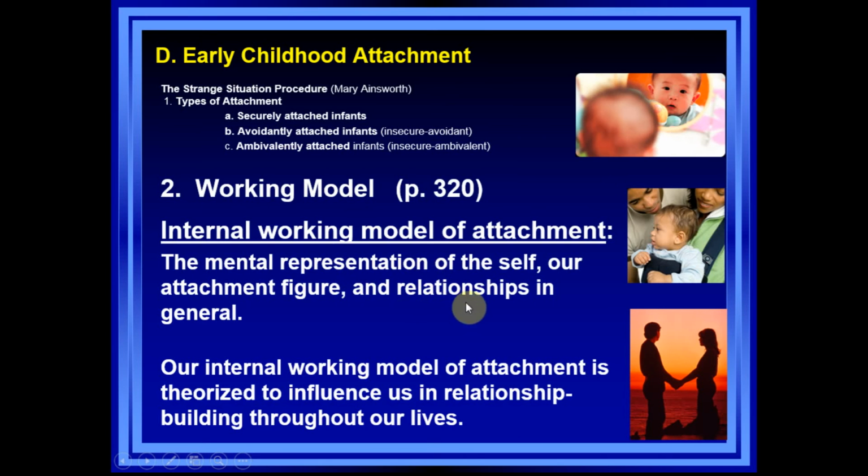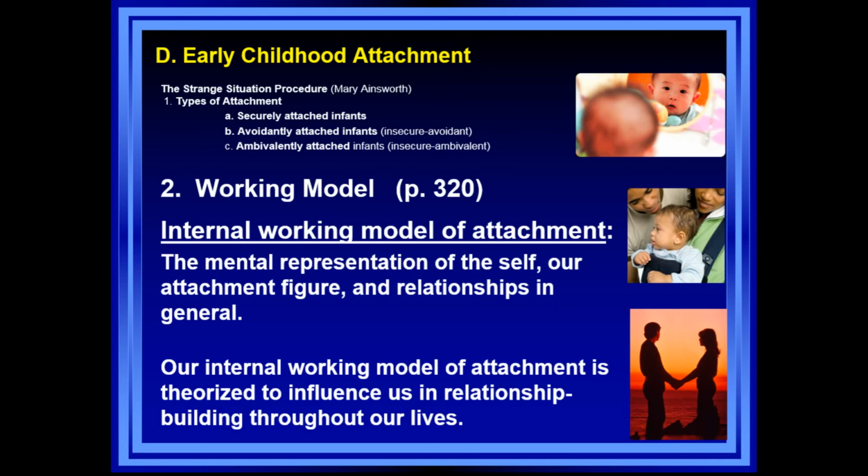And the mental representation of relationships in general, this little baby says, this thing we've got going on, this attachment figure in me, this primary caregiver in me, it is good for me sometimes. And sometimes it's not necessarily good for me. It is safe and loving sometimes, but sometimes it isn't safe, and sometimes it hurts, and sometimes it's just non-existent, and it's not loving, and it scares me sometimes, but sometimes it doesn't. So that's the internal working model of attachment this infant is developing.